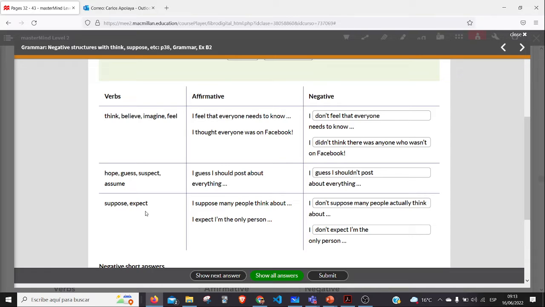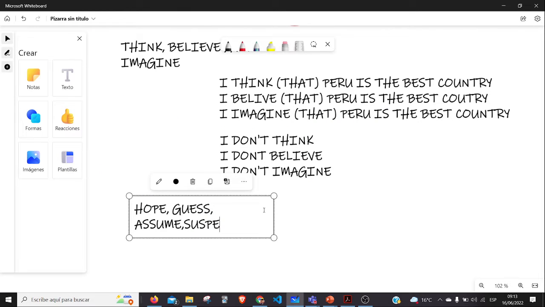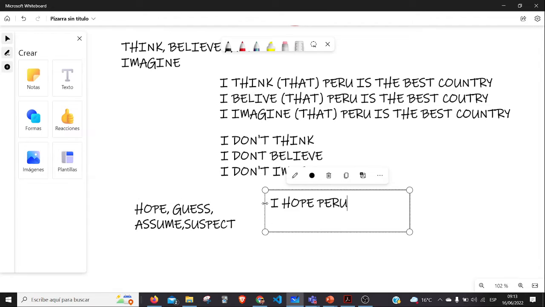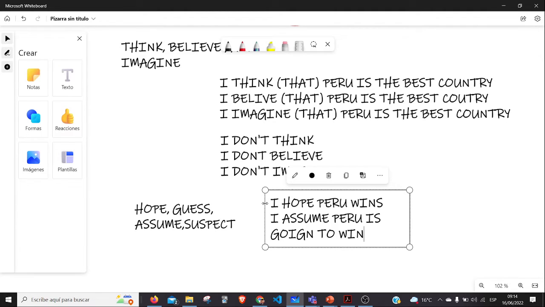Okay, one second here. Suspect. So you say, for example, yo espero que Perú gane. ¿Cómo sería? I hope Peru wins. Okay? Or I assume Peru is going to win. Yo asumo que Perú va a ganar, ¿cierto? Yeah.